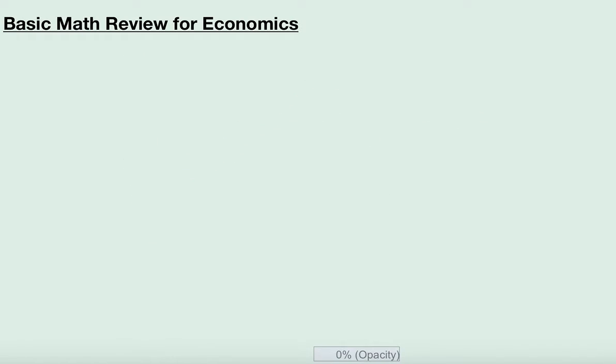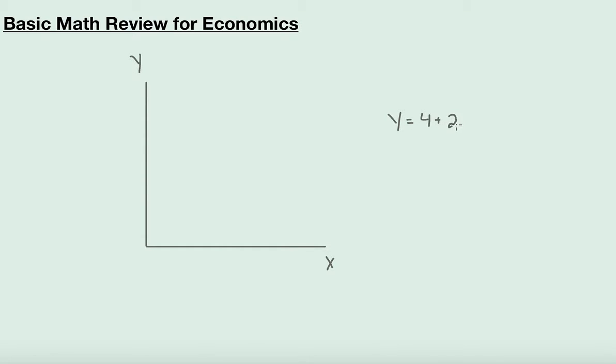Now let's look at what happens when the entire slope changes. Let's say that we start off with a new function where y is equal to 4 plus 2x.